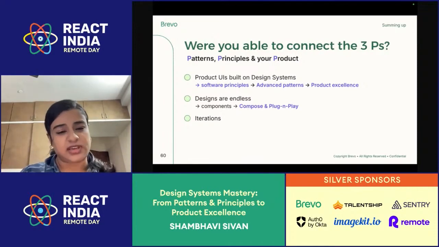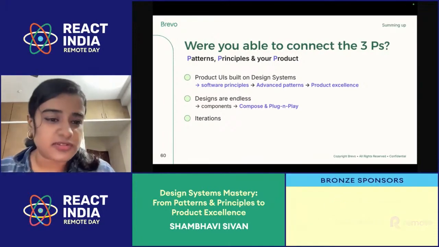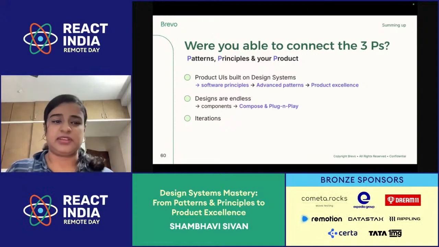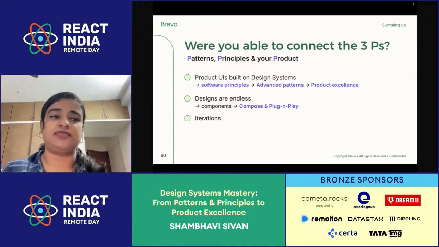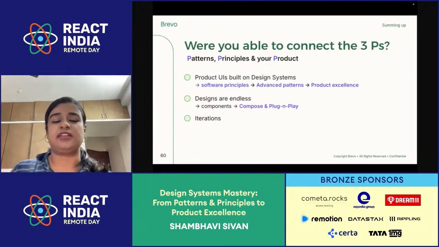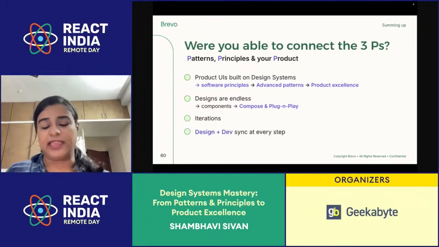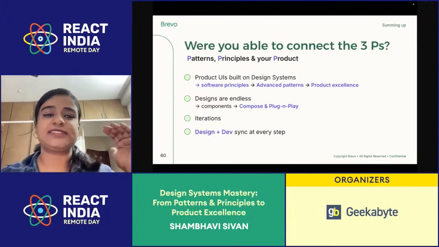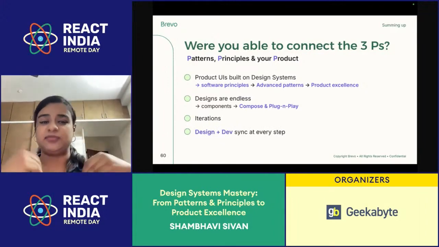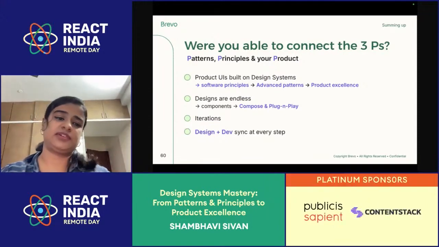And when new features come in, before concentrating on which component it belongs to, you think from a broader perspective: does this fall into one of the interfaces or patterns that we already have, or can we derive a new pattern for this? So do it in iterations. And like I already mentioned, having your design and dev synced on this kind of strategy right from the beginning, at every step, is very important to achieve consistency.